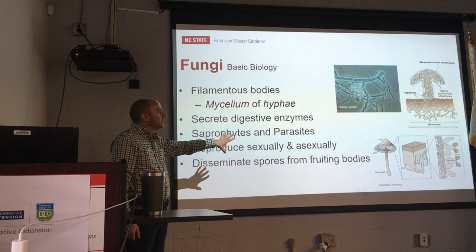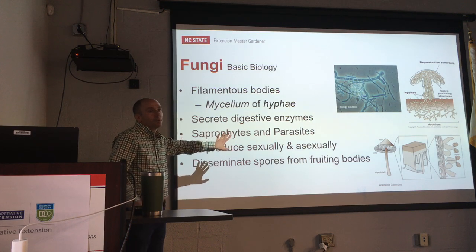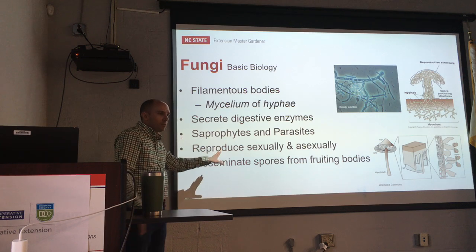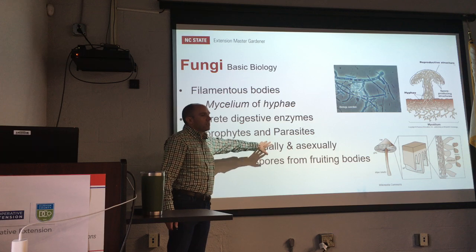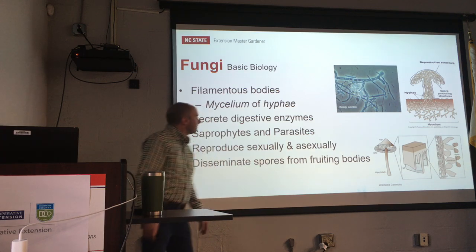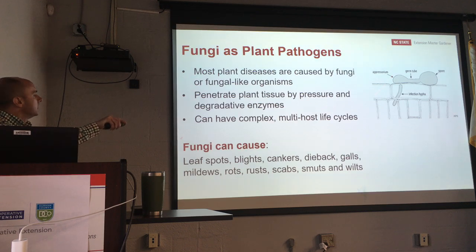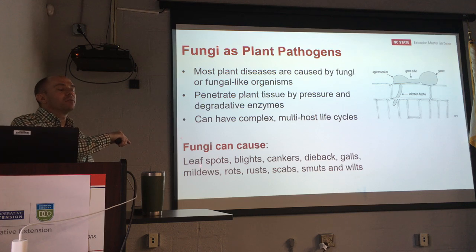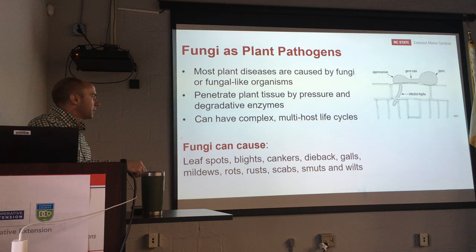And so often, unless we're looking at a plant that has been stressed for a long time and is on the decline anyway for other reasons, if there's a disease problem on a plant, it's probably a parasitic fungus of some sort. Yes, they can do cool stuff, penetrate live tissue. They can cause any and all of the types of symptoms I mentioned earlier: diebacks, cankers, leaf spots, etc.